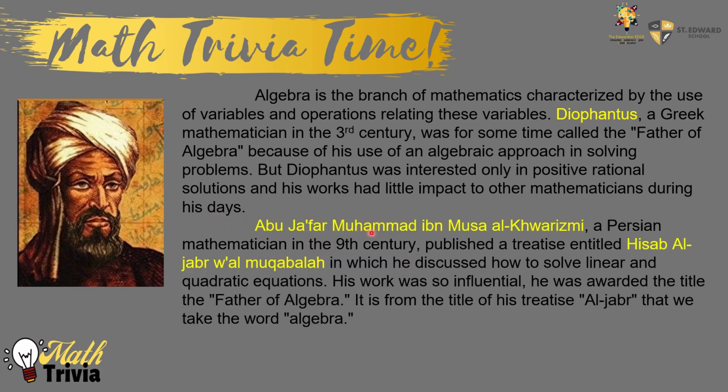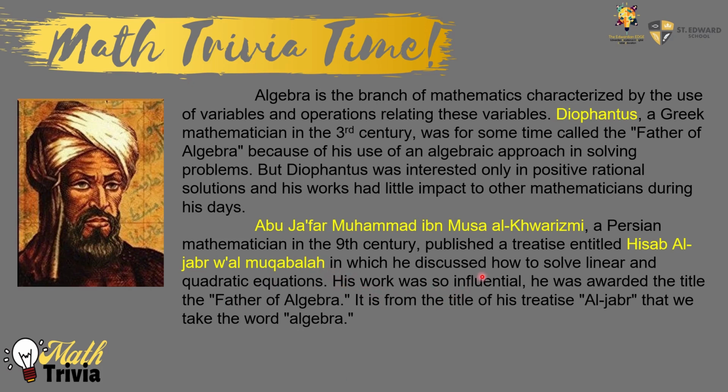This is Abu Ja'far Muhammad ibn Musa al-Khwarizmi, a Persian mathematician in the 9th century. He published a treatise entitled Hisab al-Jabr wal-Muqabala, in which he discussed how to solve linear and quadratic equations. With the next week's lesson, we're gonna have the linear and quadratic equation. We're gonna further discuss this in grade 8, by the way.